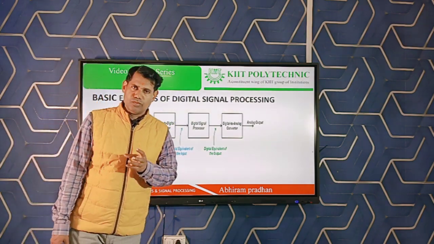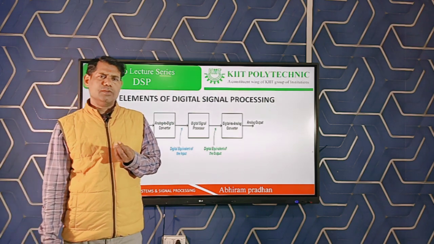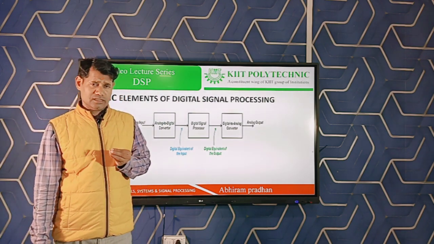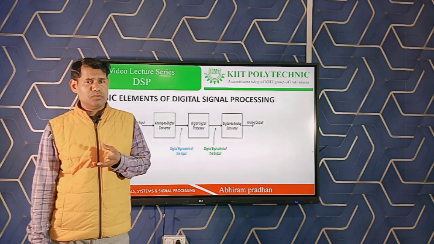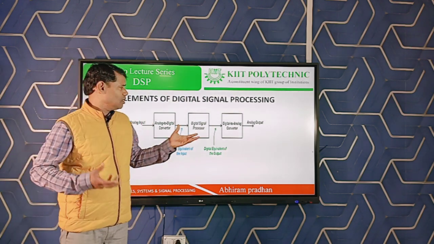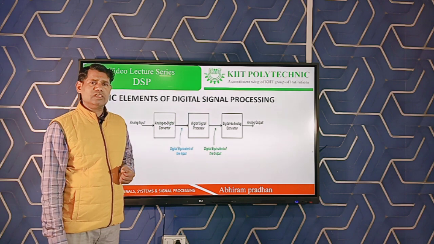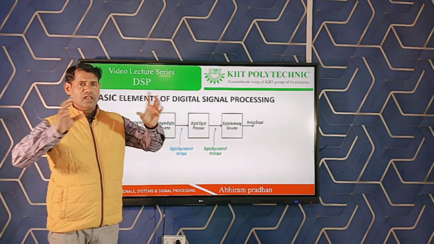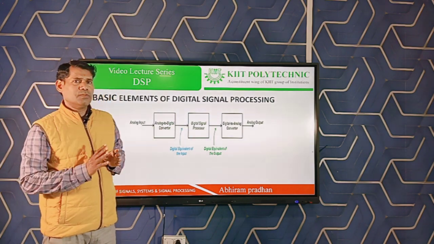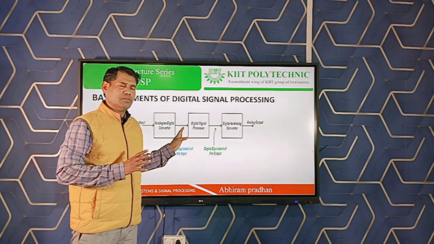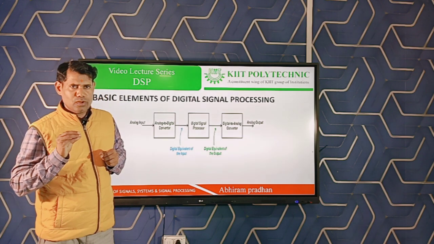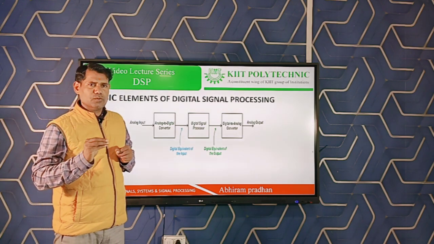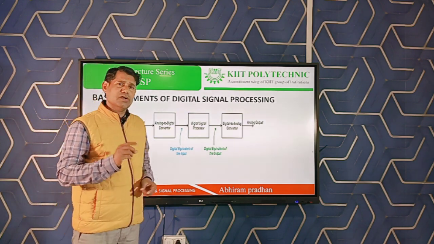On it we can do many operations. Suppose amplification digitally, filtration digitally, integration, differentiation, addition, multiplication. Many kinds of processing can be done by the digital signal processor. In general we just say it is a processor. If a specific operation is done, suppose it goes for the addition process, then that processor will be called an adder.